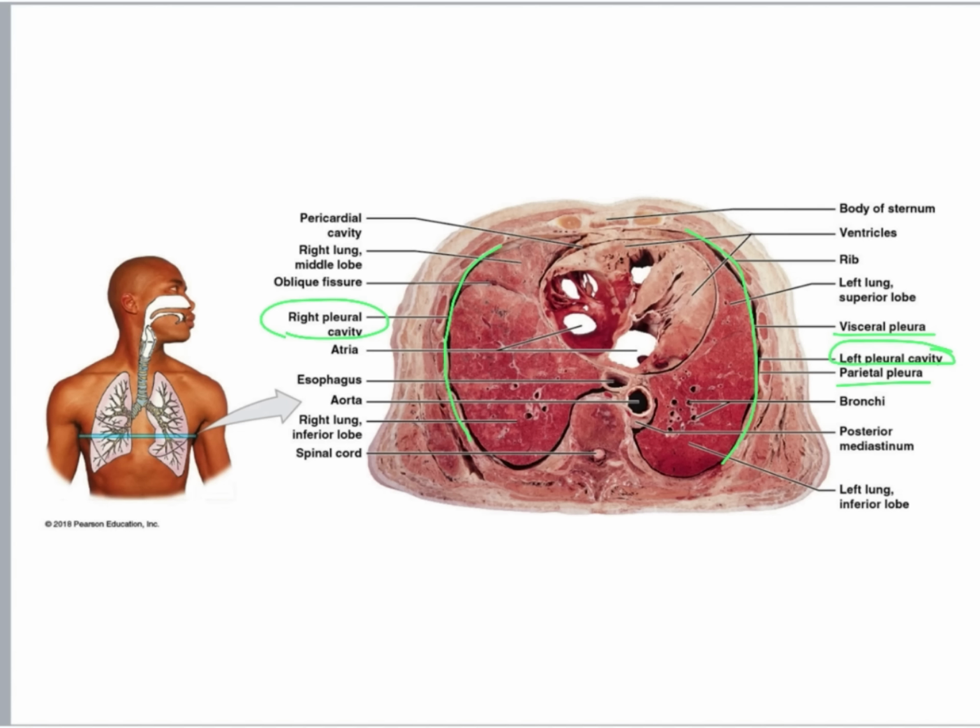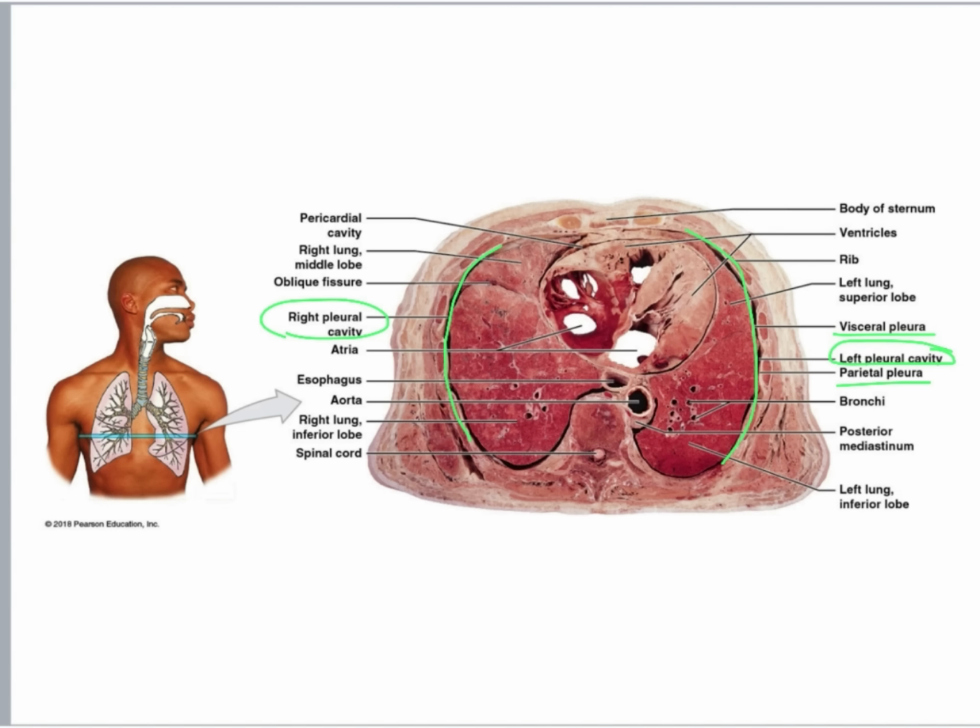When air enters either the right or left pleural cavity, so the space between the pleural membranes, air starts to flow into the chest, and the lung will pull away from the chest wall, and that results in either a partial or complete collapse of the lung. And this is clinically called pneumothorax, literally air in the thorax.